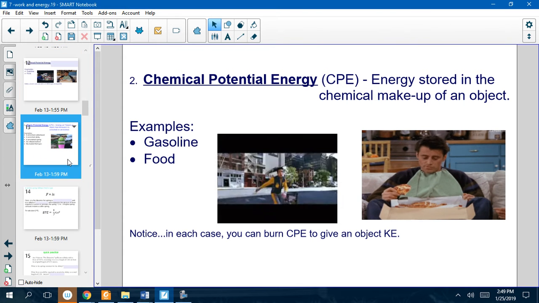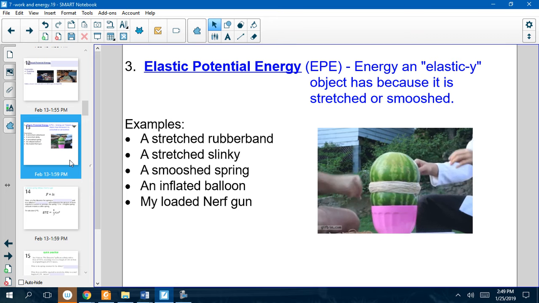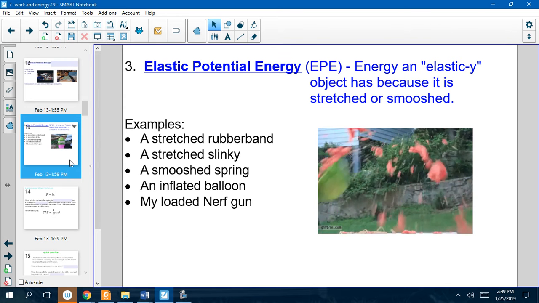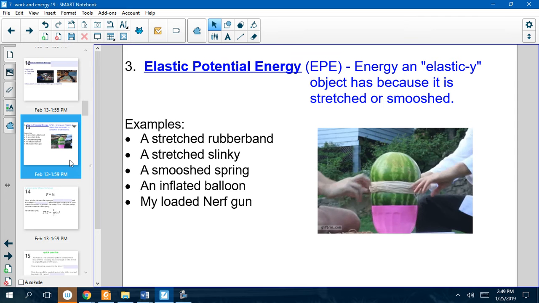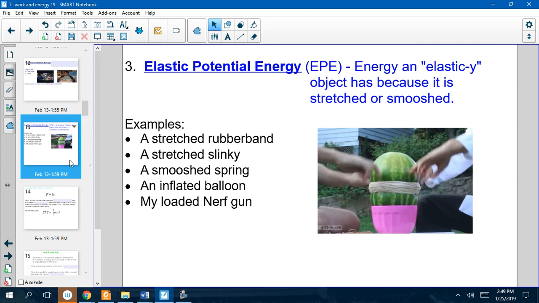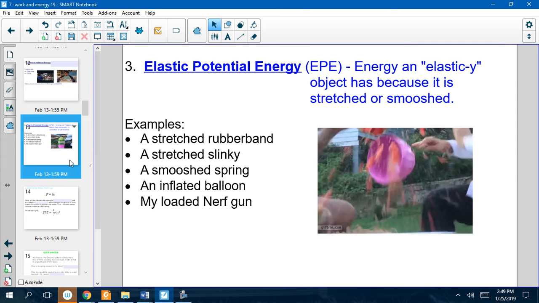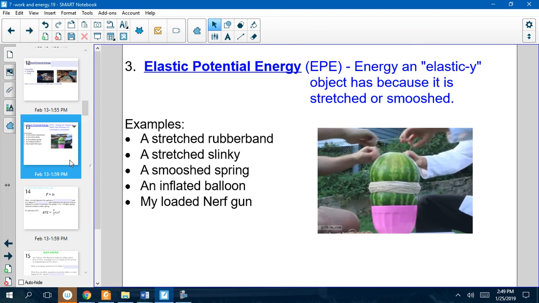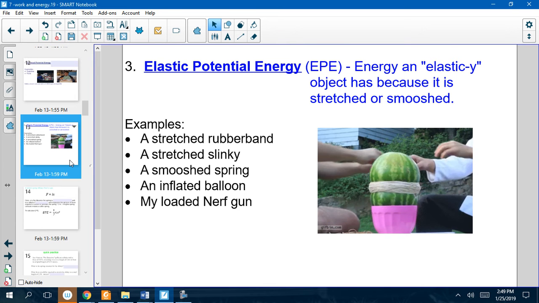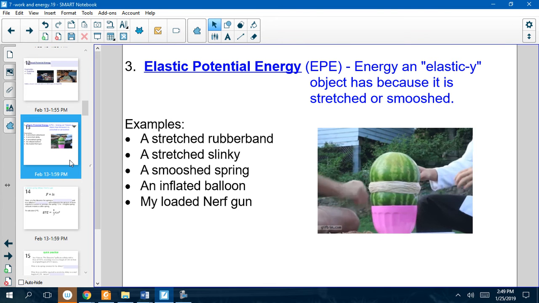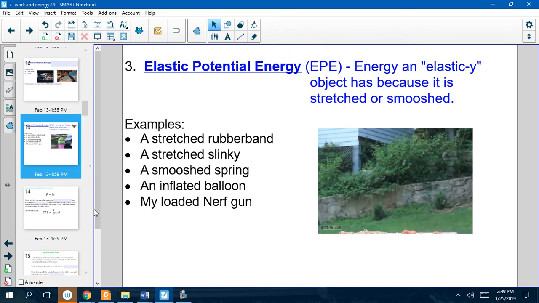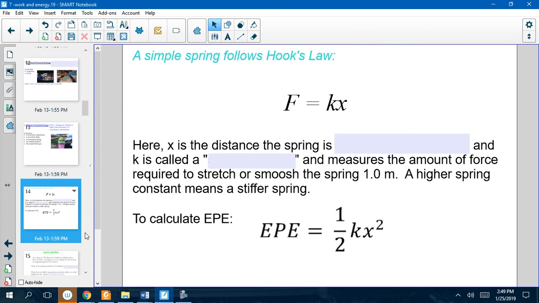Alright, so the first one that we're going to go through that has an equation is elastic potential energy, or EPE. And this is energy that is stored in things that are stretchy or squishy, like rubber bands, slinkies, springs, anything like that. There's two formulas that we got to deal with when we're dealing with elastic potential energy.